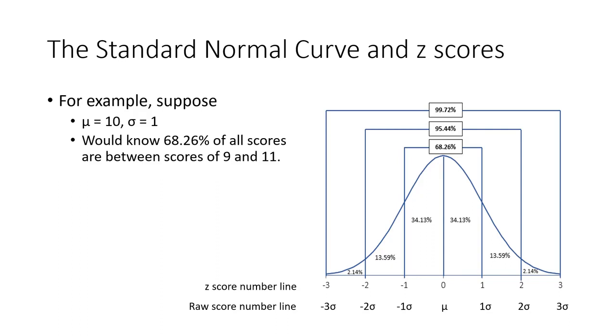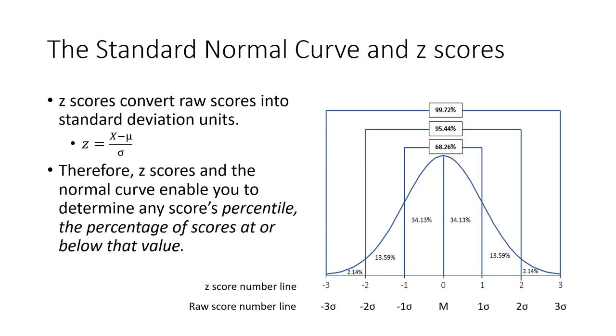And so rather than doing it in your head, you can use a z-formula, a z-score transformation. So you can convert any raw score, no matter what it is, into a z-score. And then you can find it on this normal curve. So if you get 0.5, you could locate it here, and then using a table, you could look up and see how many people had a score above or below that z-score of 0.5.